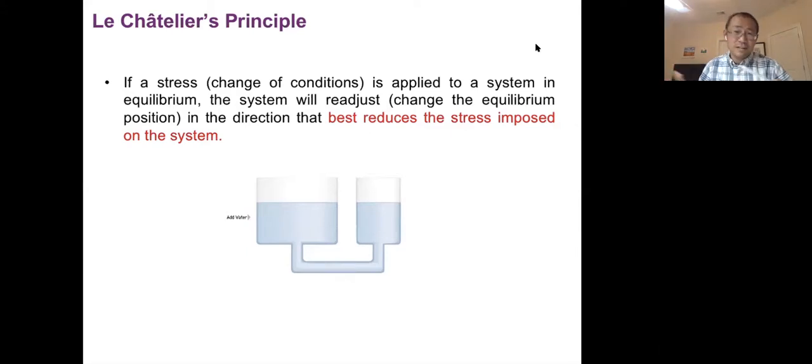In other words, if I apply a stress to an already established equilibrium, what will the equilibrium do to adjust itself? Or what direction will the equilibrium move to adjust itself?